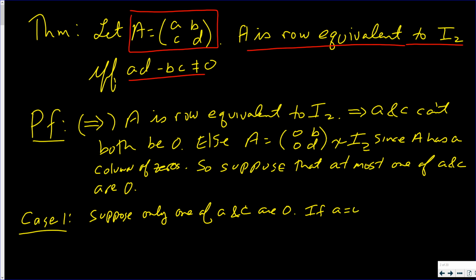If A equals 0, then matrix A is equal to 0B, CD, which is row equivalent to CD, 0B. And C is not 0.